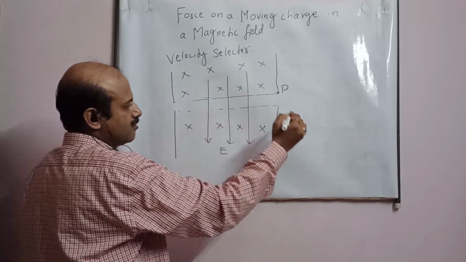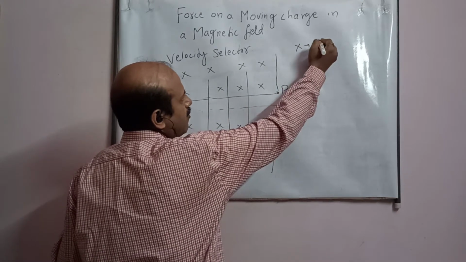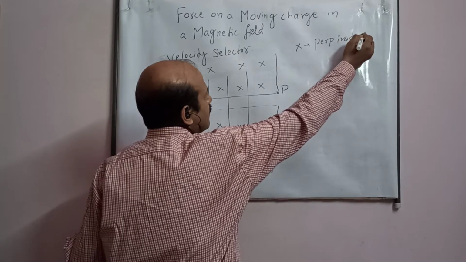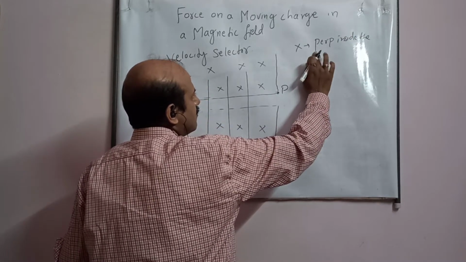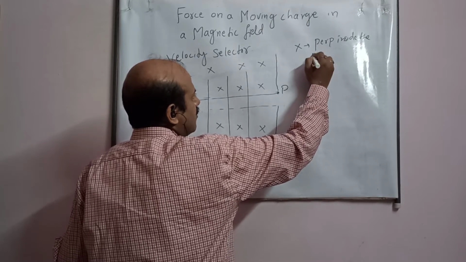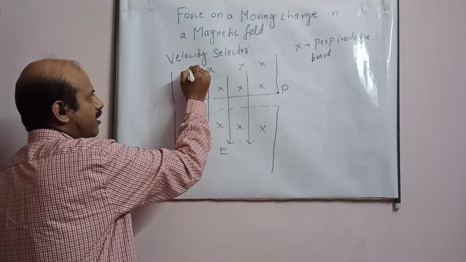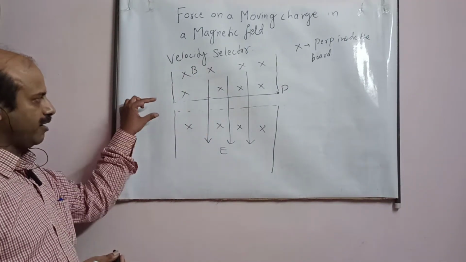What is the meaning of this cross sign, student? Perpendicular inside the board. Perpendicular inside the board. Okay. This is magnetic field, student. So this is the arrangement and this is the opening.